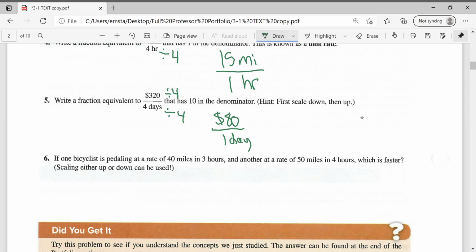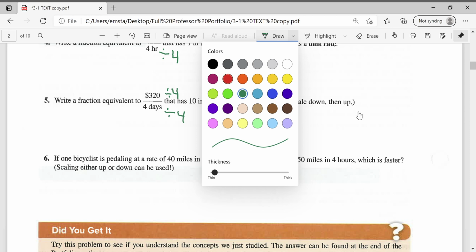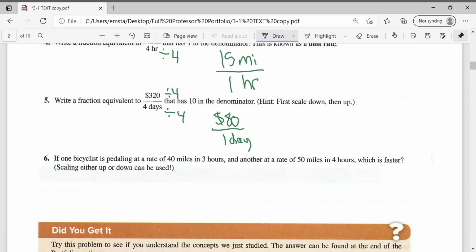I'm still trying to get to a 10 on the bottom, so I'm going to scale up now, which means I have to multiply top and bottom by the same thing. I have to multiply 1 by a 10 to make it a 10. And whatever I do on the bottom, I also do on the top. 80 times 10 is 800.